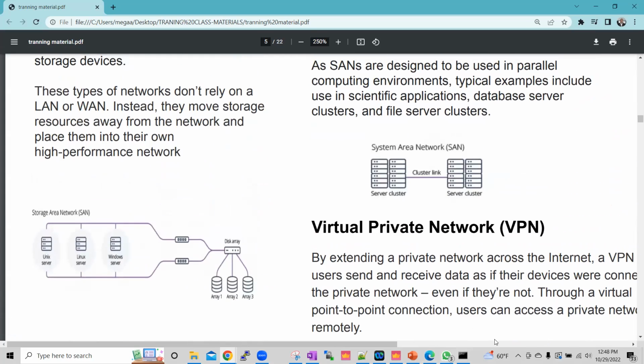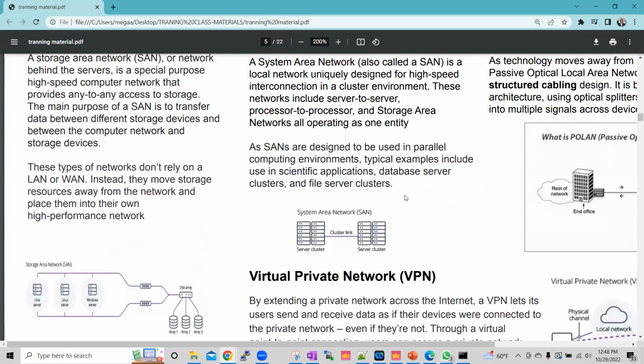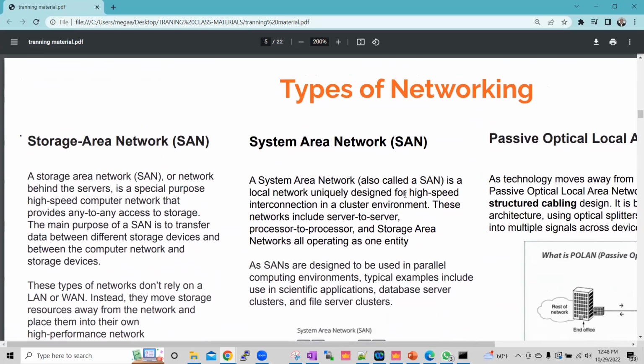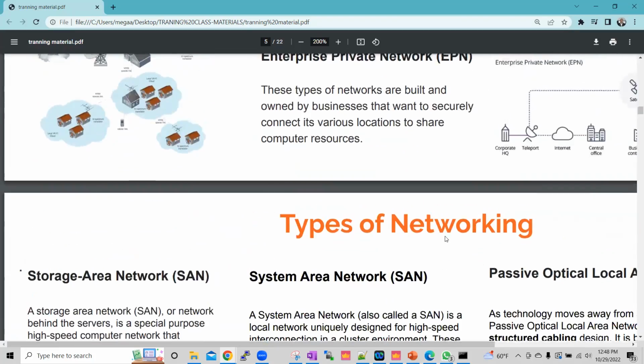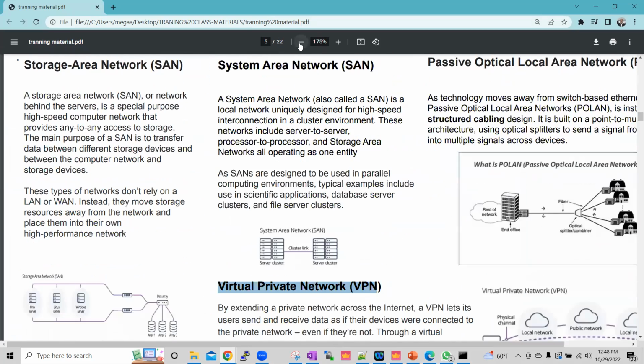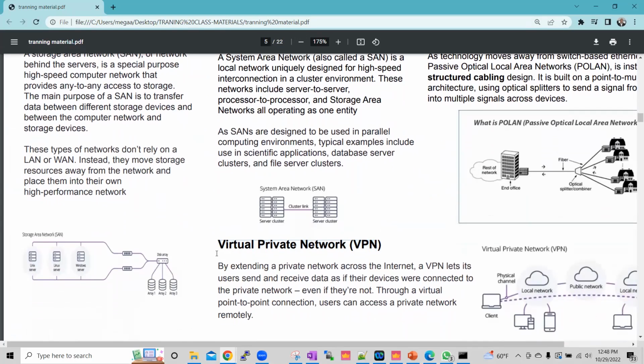Okay, another area we can quickly take a look at is this, which is not a type of network. This PDF, I just downloaded it from the internet, but I see it's very useful, it's very good. Some of the information we need to move on with is there.